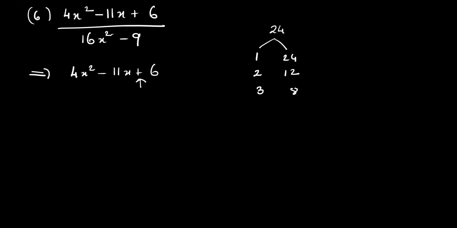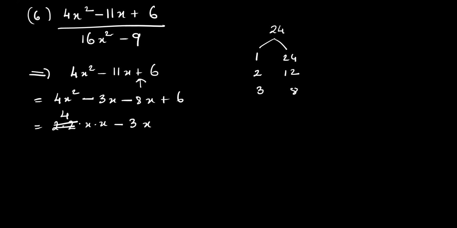So I'll write it as 4x square, then 3x, 8x plus 6. Since I've added both of them, minus goes to both, minus and minus. Now we will take common. I'll separate them. 4 is 2 into 2, x square is x into x. Minus 3x, we need not make it 2 into 2, we can leave it as 4.